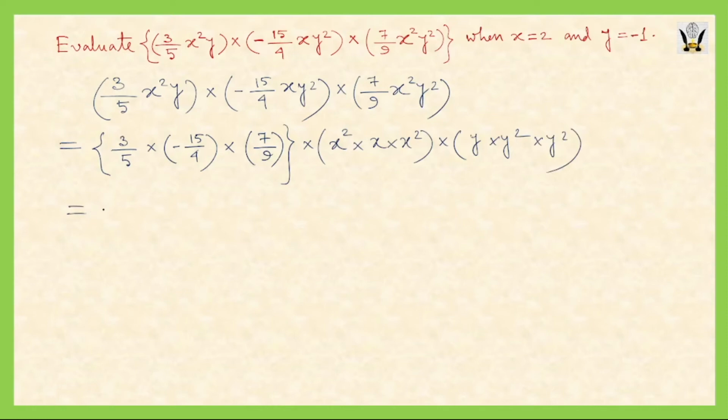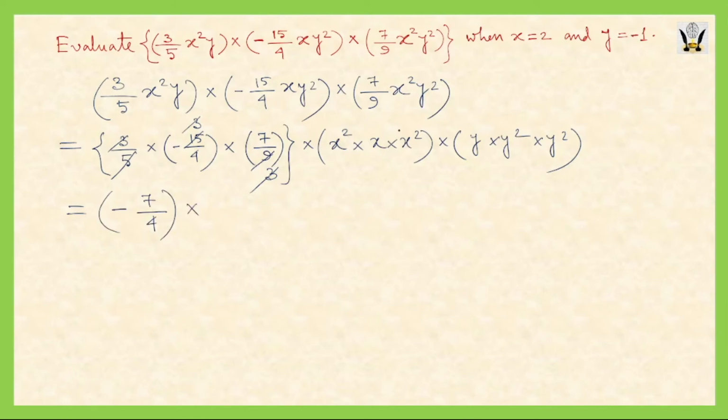So we will simplify further. Here 5, and here 15 is a multiple of 5, so the factor that will be left is 3, and here 9, so it will be 3, and this 3 will cancel each other. So the simplified constant term will be minus 7 divided by 4. We cannot simplify this further as 7 is not a multiple of 4.